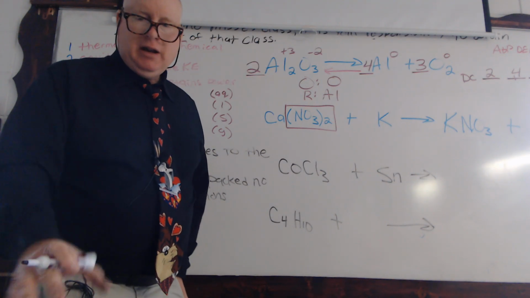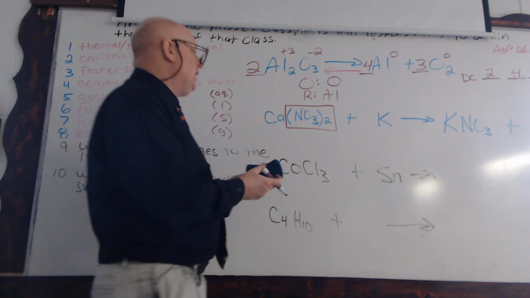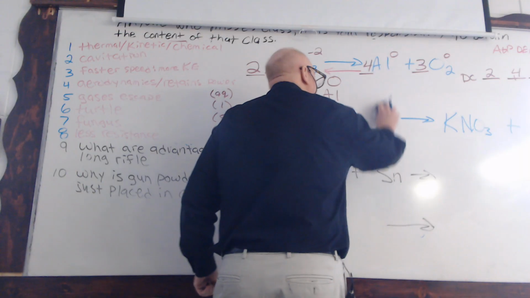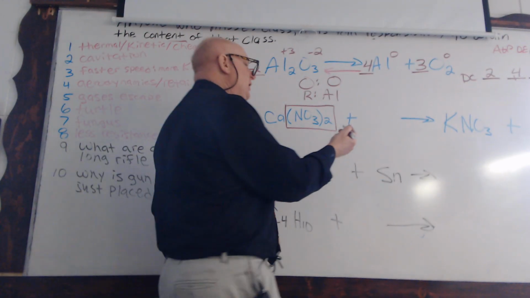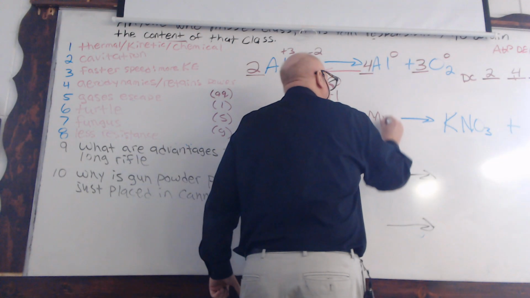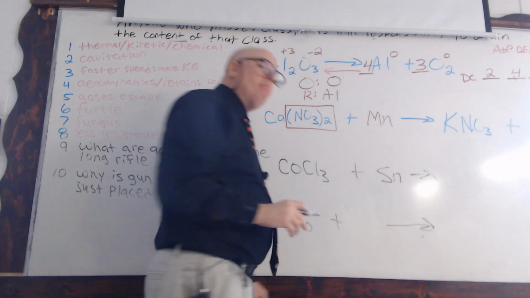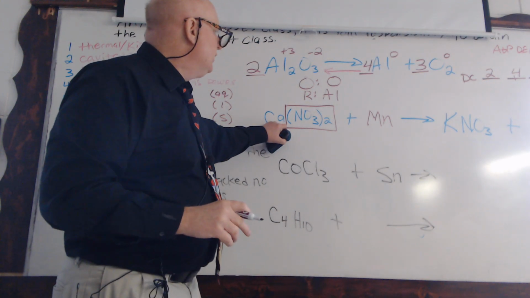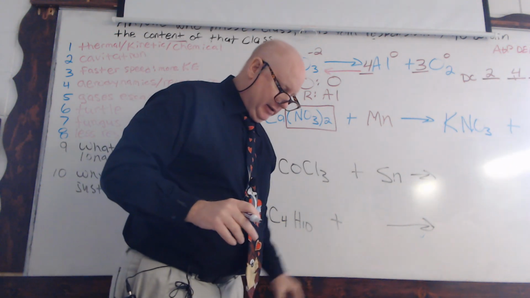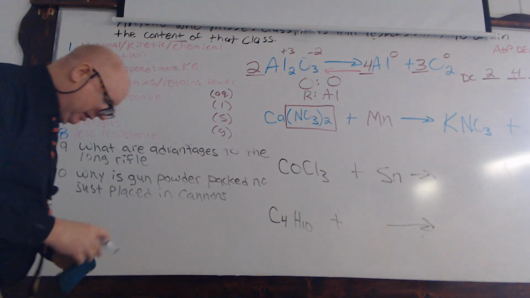So then, how could we change this to say we're going to get no reaction? We could put manganese here. Why are you correct when we say no reaction if we put manganese? Because this is above manganese in the activity series.